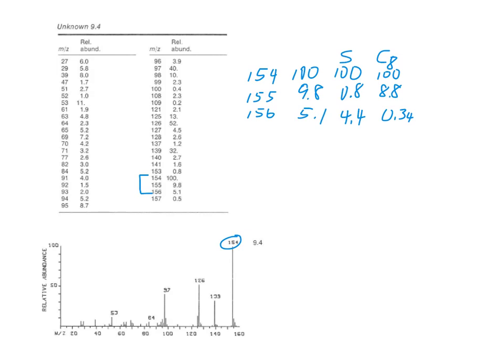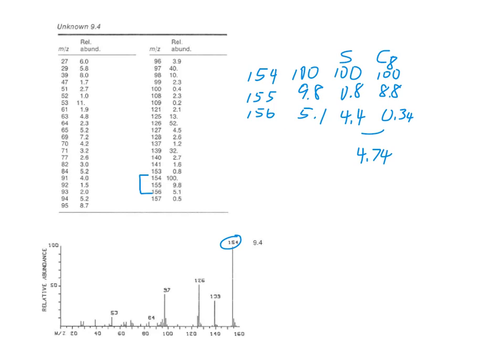Okay. Then we should look for the presence of oxygen. So we have to add these up, right? So this is 4.74. So what do you think? Can we fit some oxygens in there? Potentially 1 to 2, maybe.